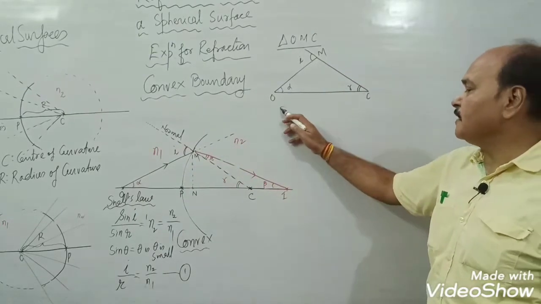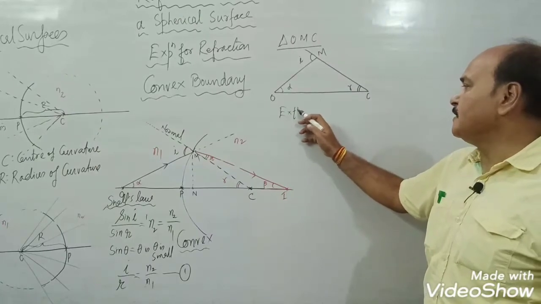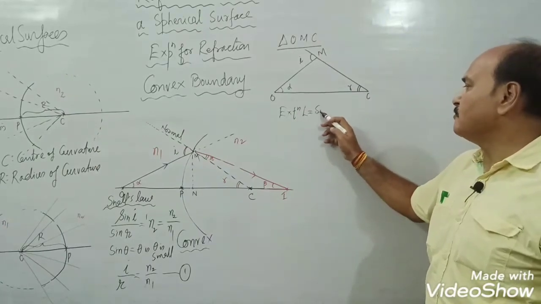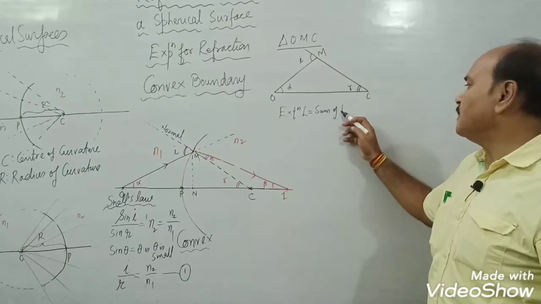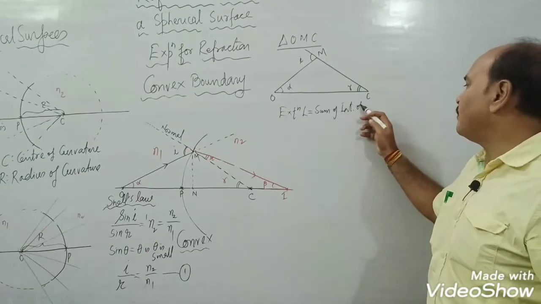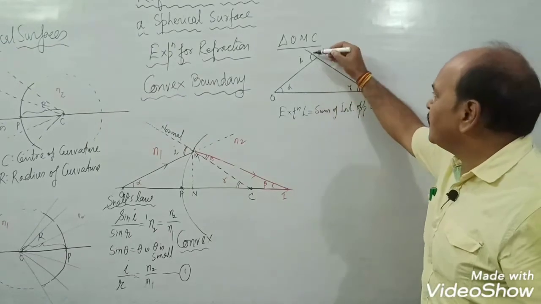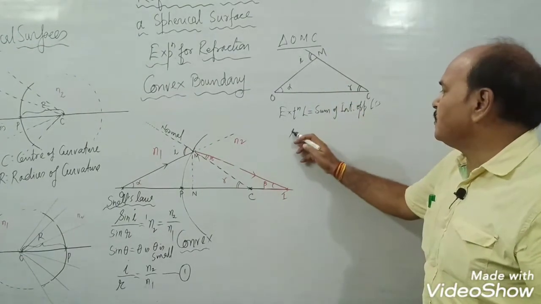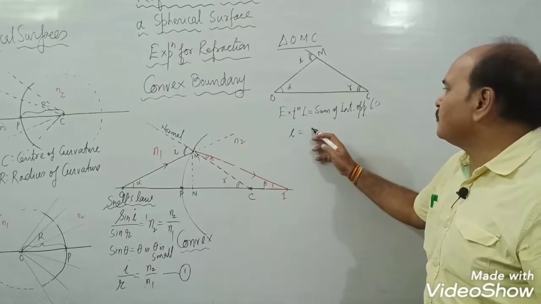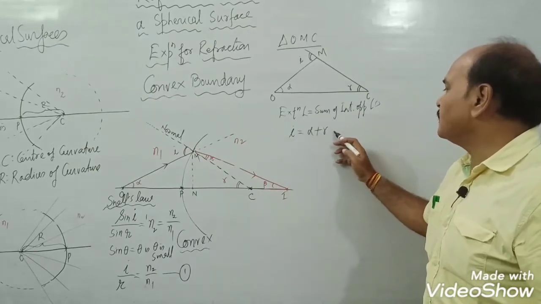And we know that in every triangle, the exterior angle is equal to the sum of interior opposite angles. Therefore, this I is going to be equal to alpha plus gamma.